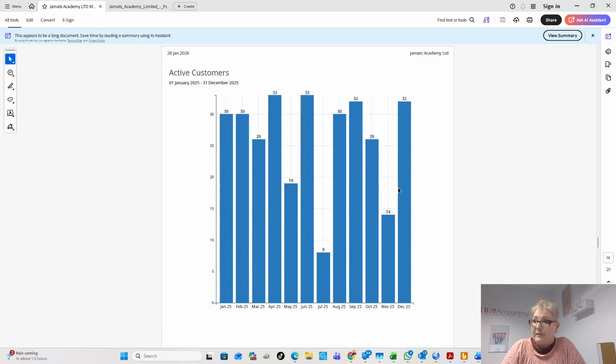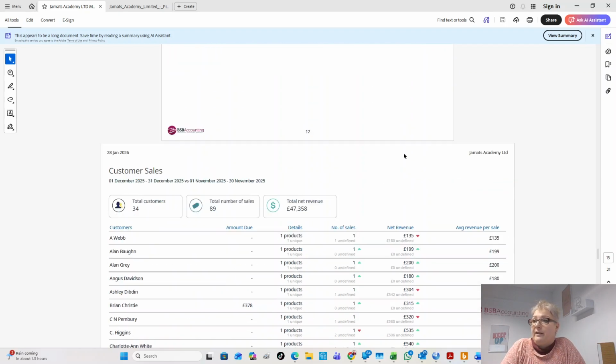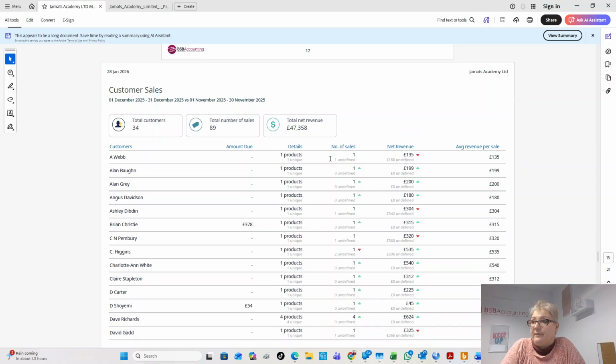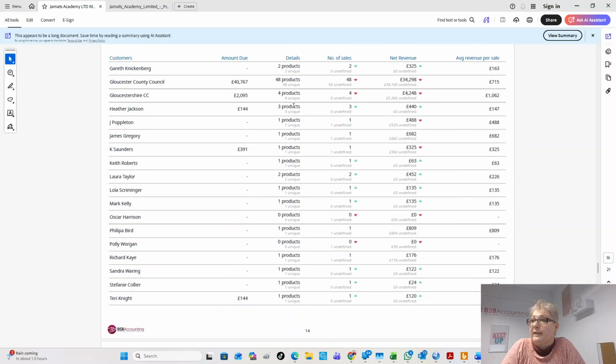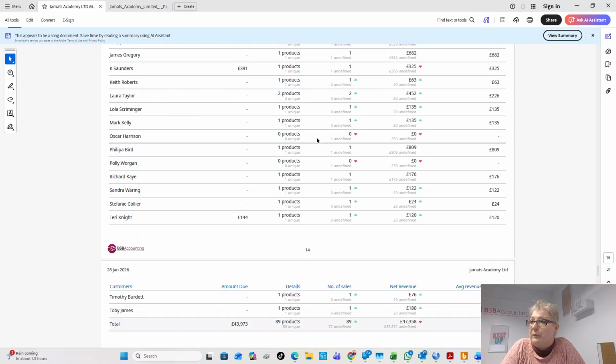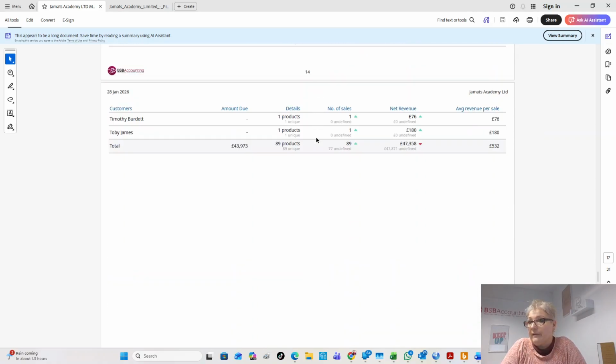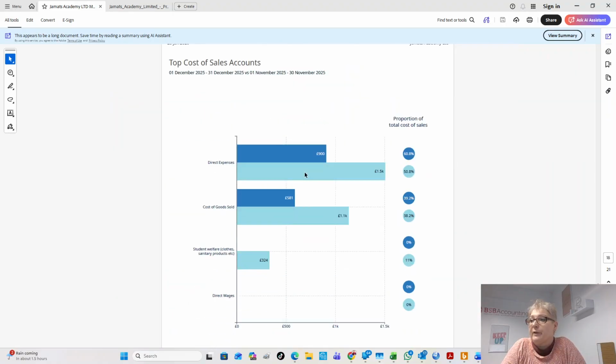Your number of customers who've been active this month, December, and this is sales by customer, and then what they purchased, if you like. So Gloucester Council, obviously, they are the top spenders. Apart from that, everybody, they're just individuals.